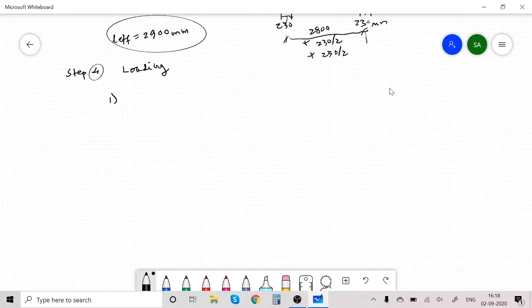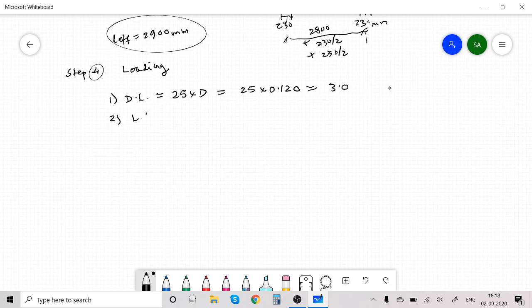So first of all, dead load is given as 25 into D. 25 is the unit weight of RCC fixed in kilonewton per meter cube, and D is the overall depth of the slab. So 25 into D in meter, of course, is 3 kilonewton per meter square.